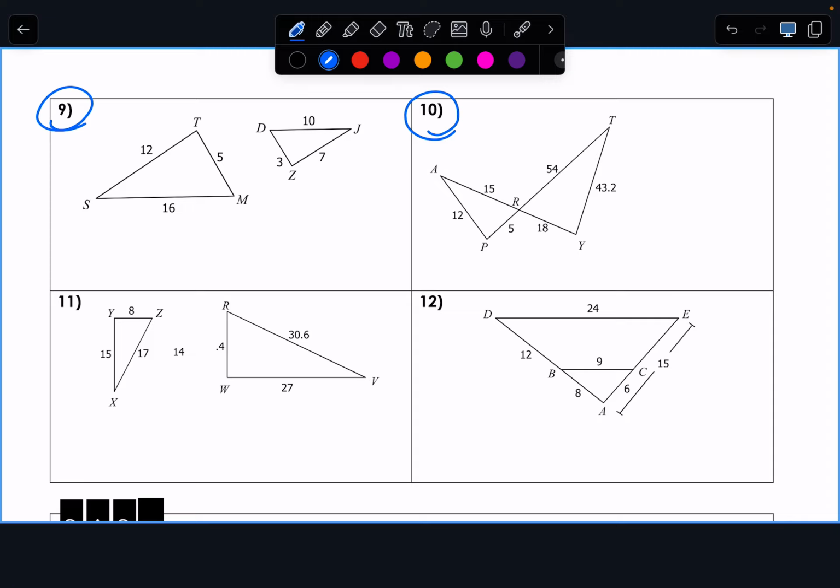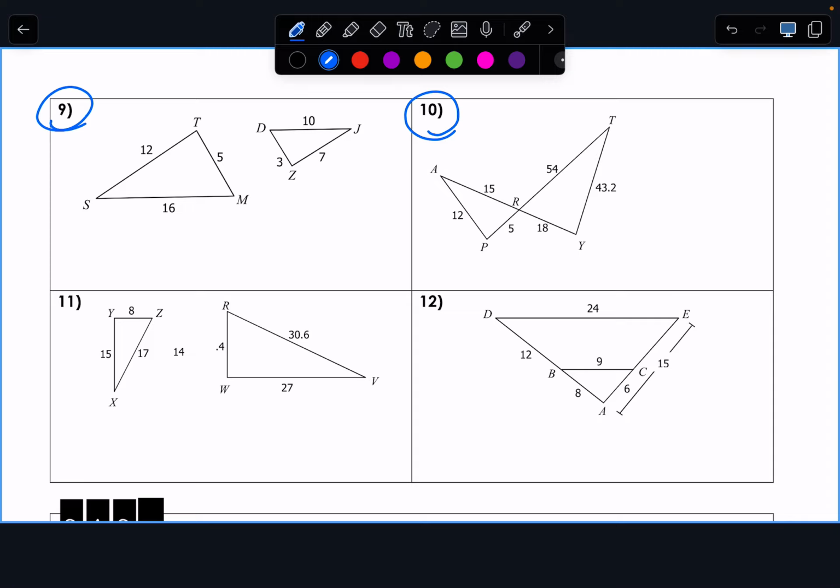5 and 3. Is it 43.2 over 12, or 18 over 5? Is it 5 over 18 or 18 over 5? Which one are you talking about, 9 or 10?